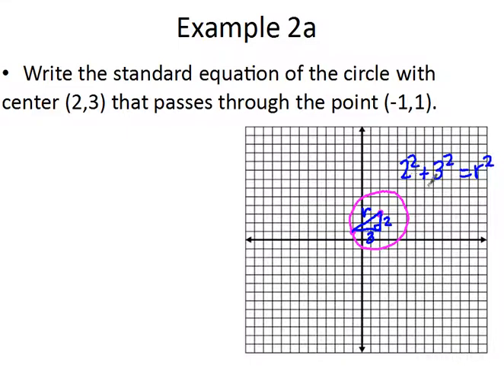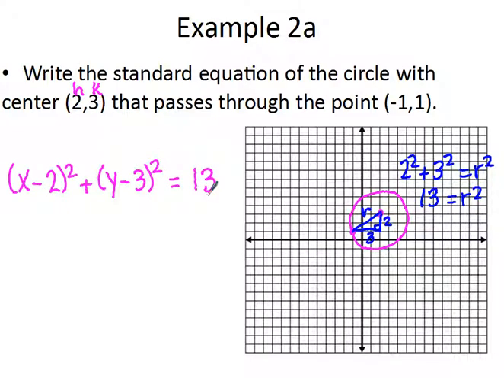So that's 4 plus 9 is 13. And then we can just write our equation of the circle. We've got center h, k. So we're going to do x minus h squared plus y minus 3 squared equals r squared. Okay, not too bad.